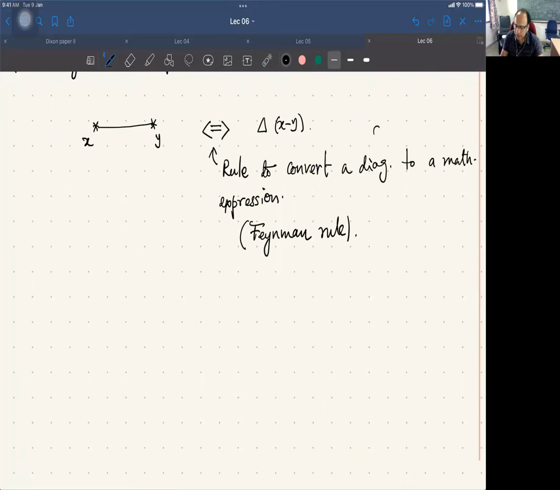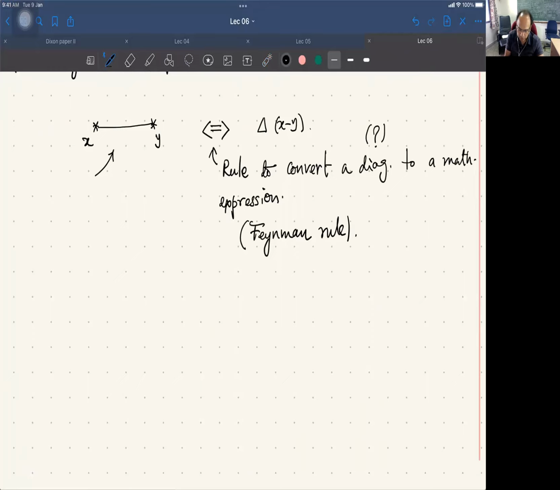Now, what kind of diagram is it? If you want to look at it more closely, what exactly I'm doing here is a topological diagram obtained by connecting external points by lines.